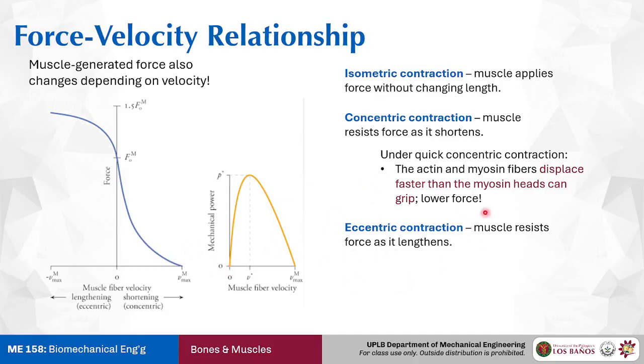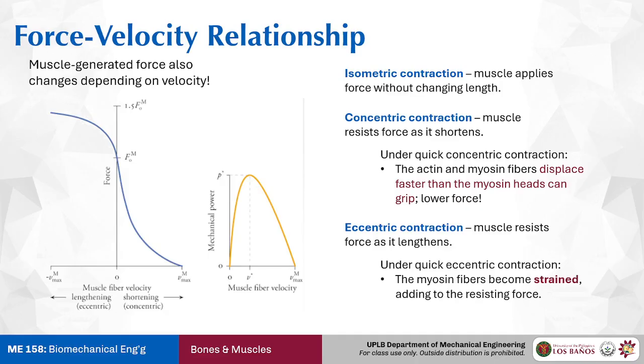Now, for the eccentric contraction, the reverse of this does not quite happen. What happens rather is that when the muscle is stretched, even though it's trying to contract at a very fast speed, the elastic portion of the muscle starts chiming in. It starts contributing a bit more resistance.